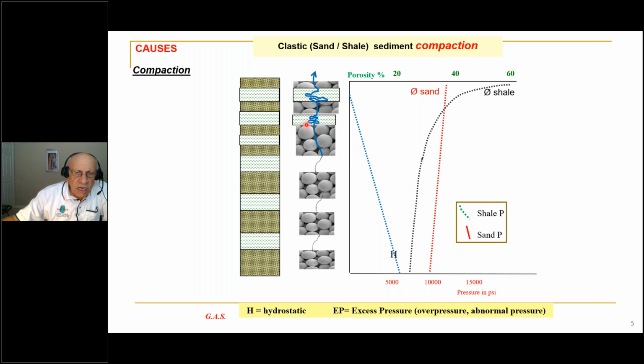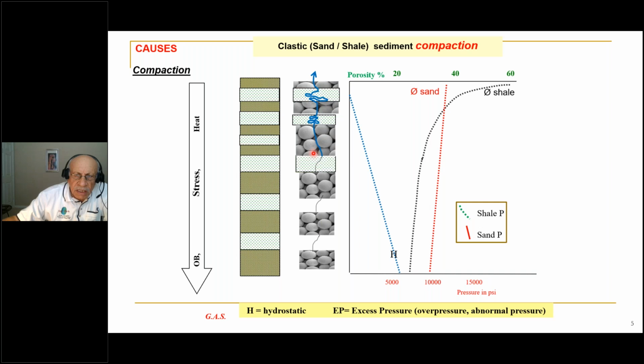So here is your shale. Here's your sand, that round grain. And with the stress and the heat, that's overburden, increase the stress, increase the heat, the fluid is going to run away from this part here until it reaches the point where it stays.